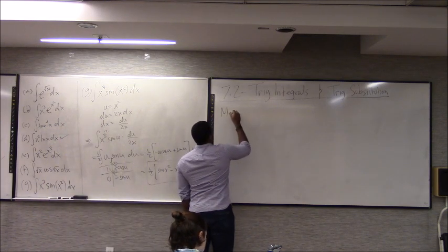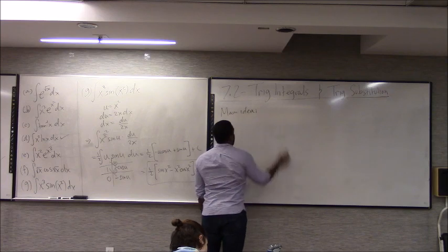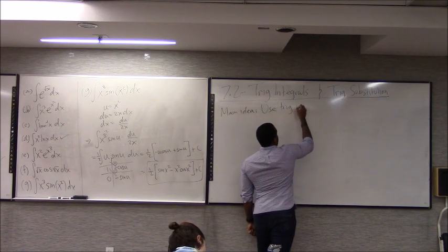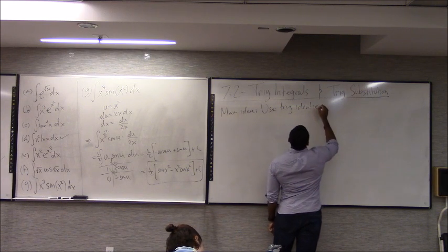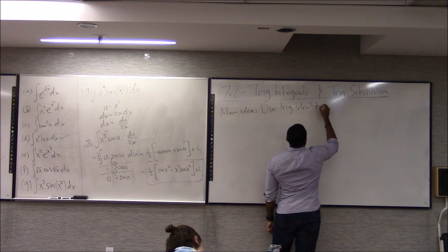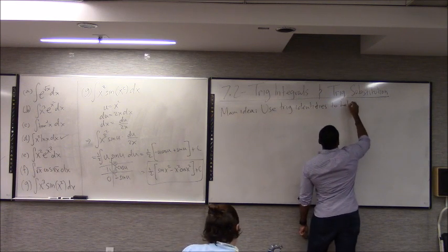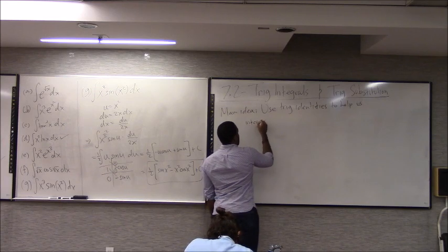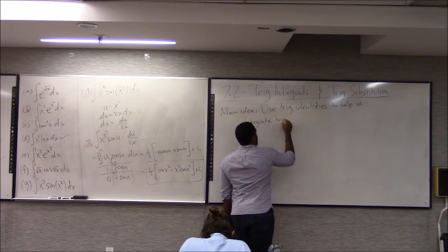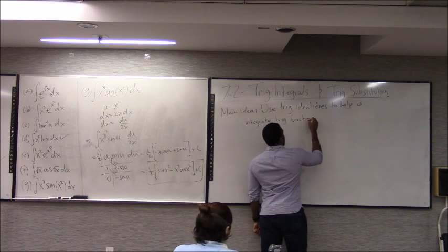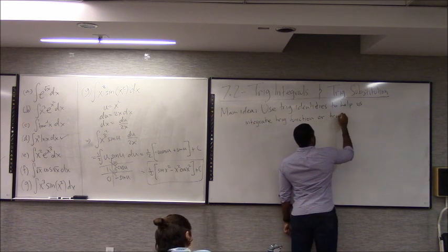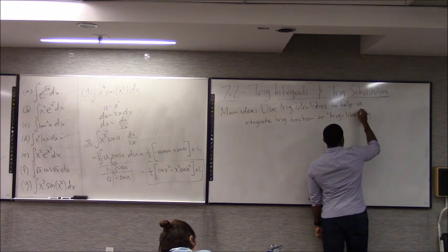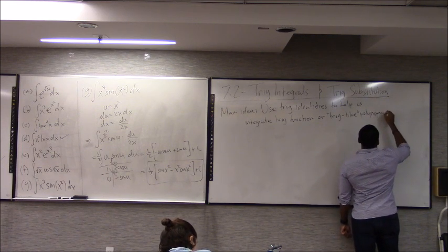So the main idea here in this chapter is we're going to use trig identities to help us integrate trig functions or trig-like polynomial functions, and I'm going to talk about what I mean by that when we get to it.